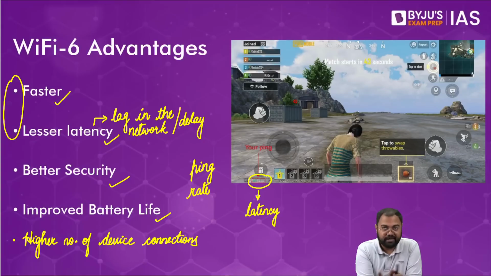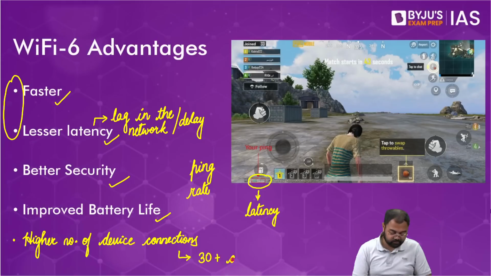So Wi-Fi 5, the present technology, can take care of up to 6 to 8 devices, and after that, the speeds will start coming down. Whereas Wi-Fi 6 would be able to connect to more than 30 devices simultaneously, which is huge.